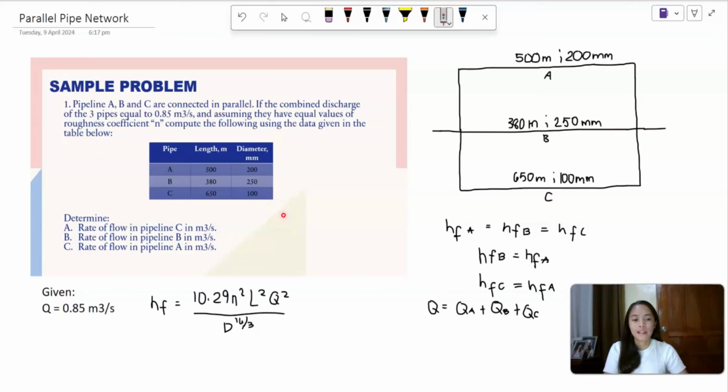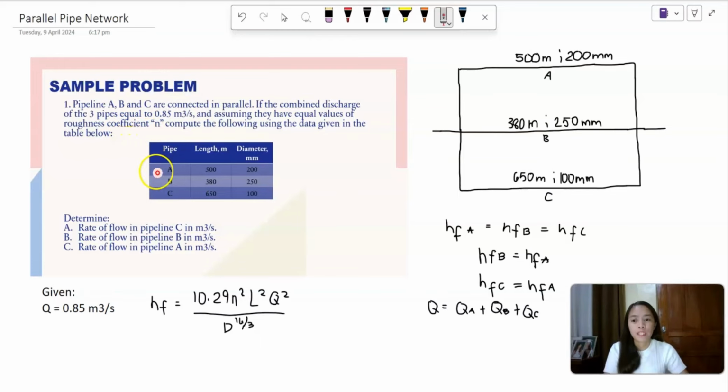And now let us begin the first example for our parallel pipe network. We have here pipelines A, B, and C connected in parallel. If the combined discharge of the three pipes is equal to 0.85 cubic meter per second, and assuming they have equal values of roughness coefficient n, compute the following using the data given in the table below.